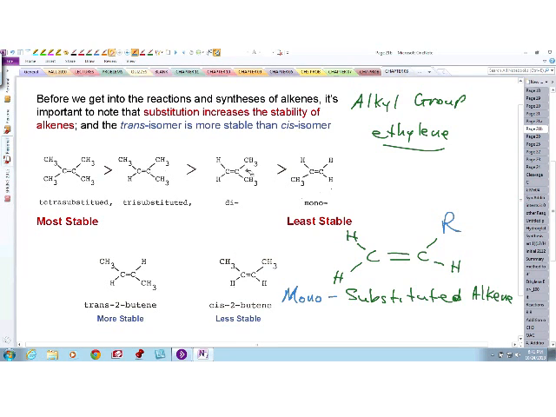Now, if I remove another hydrogen, I replace with another alkyl group, what kind of alkene would that be? That would be a di-substituted alkene. Okay? So that becomes a di-substituted alkene.